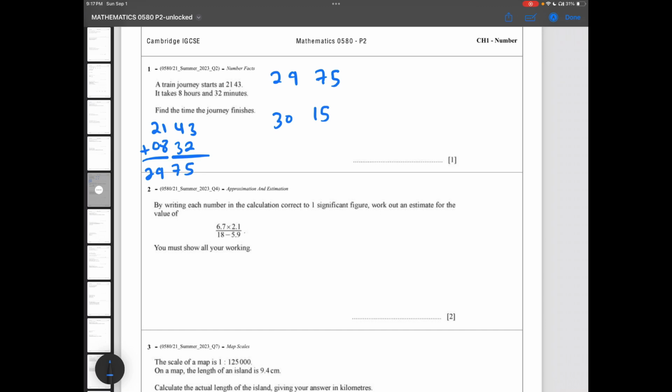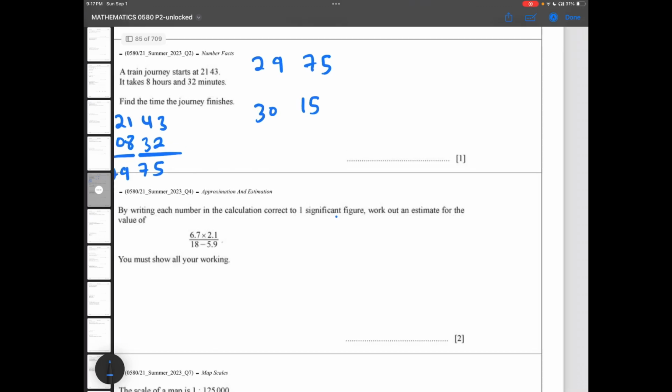So after 23, the clock goes on to 0, not 24, and after that, not 25. So in hours, whenever you get the hours more than 24, you just have to remember one thing, that you will be subtracting 24 from it. So right now, if I subtract 24 from 30, I get over here 6:15. So now this is my arrival time. This is the time the journey finishes at 6:15.